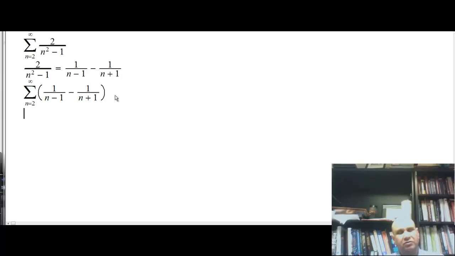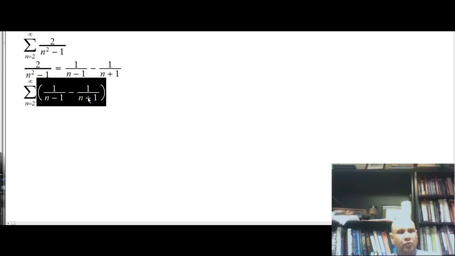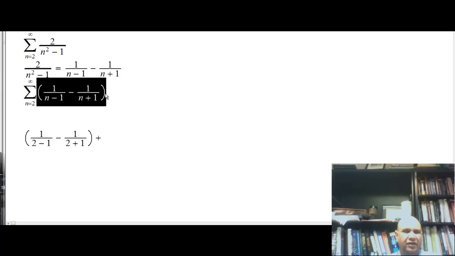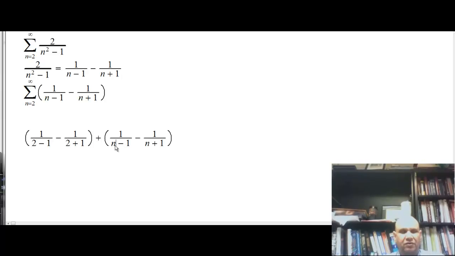So now we are going to write the sequence of partial sums. So we will write the nth term. Let's start with 2. First we get 2 minus 1, then here we have 2 plus 1. Next one is 3: 3 minus 1, then 3 plus 1.